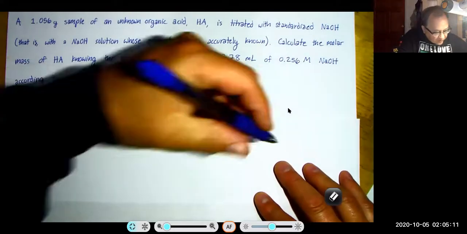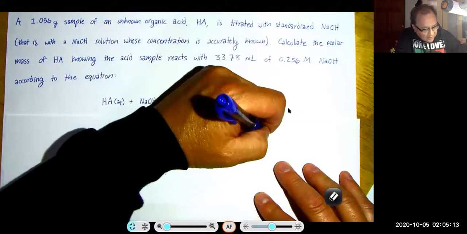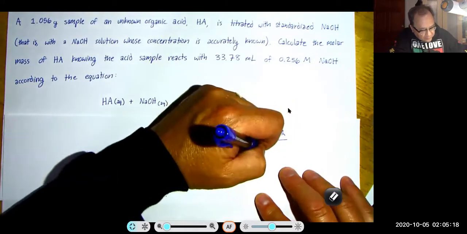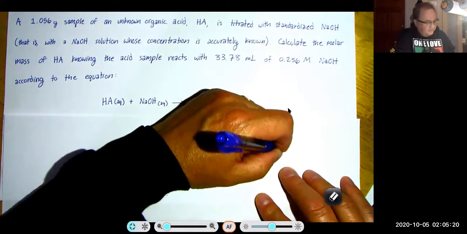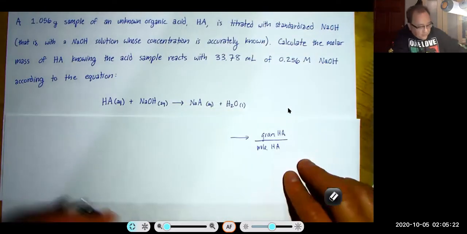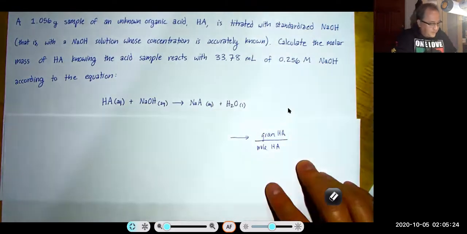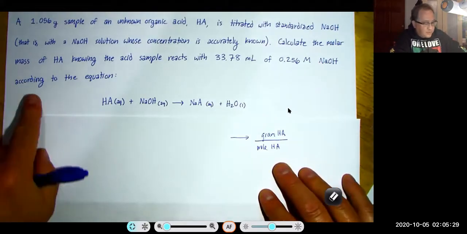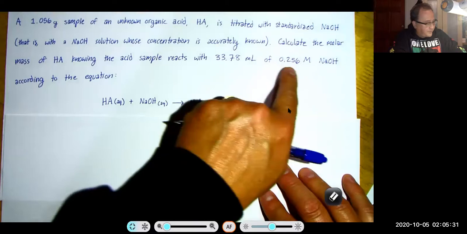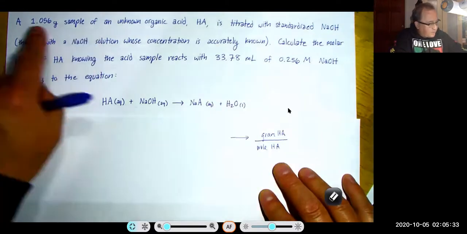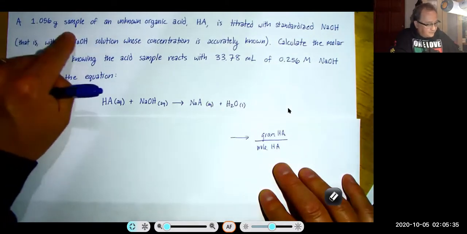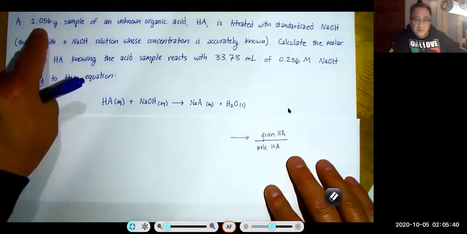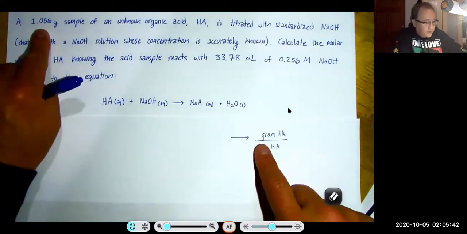So eventually we want to get grams of HA on top and moles of HA on bottom, because that's the molar mass, whatever X is up here. So this is where we want to get to. And here we have 33.78 mils of 0.256 and a 1.056 gram sample. All right, so if we take a look, I think this 1.056 is what we use on top.